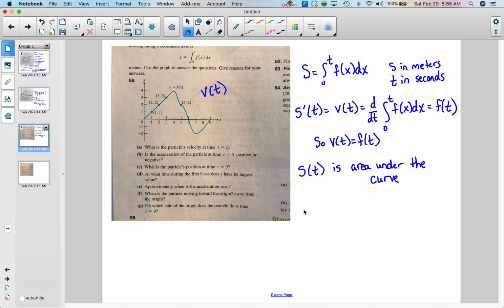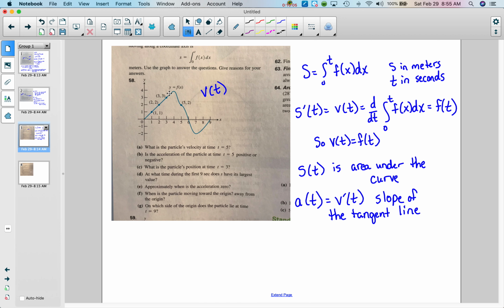I may have just given you some answers along there. And then acceleration, which equals the derivative of the velocity, is represented by the slope of the tangent line as we move along the curve.